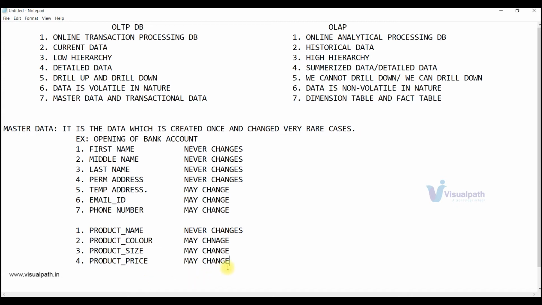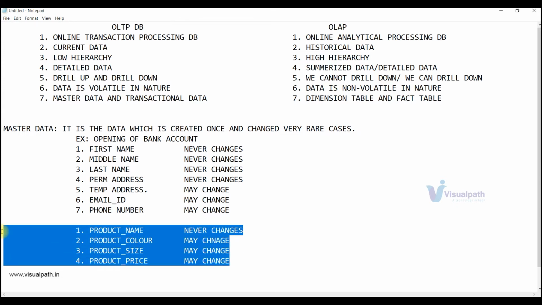So this is also kind of a master record, created for the first time when you're trying to launch a new product in your store. So this kind of details will be created only once and changes in very rare cases.